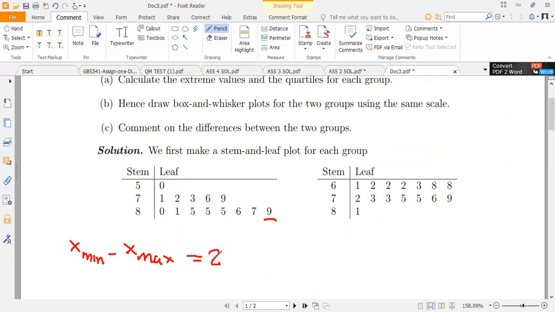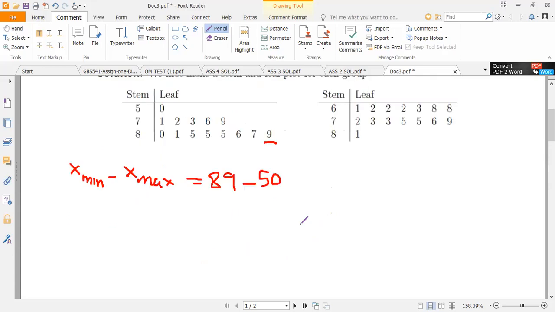And the smallest number is what? 50. So this is what we call the range. Okay. Then we go to the mode, the number that appears the most. So we have 5, 5, 5, 5, 5. So this number is not 5, but what? 85.